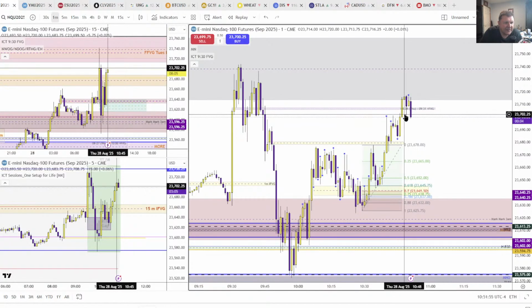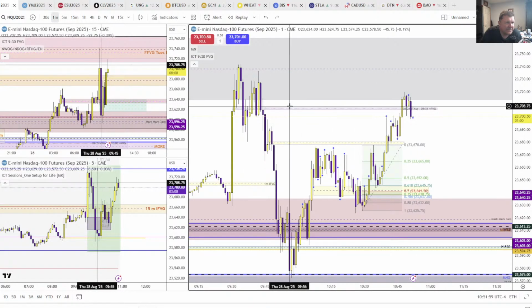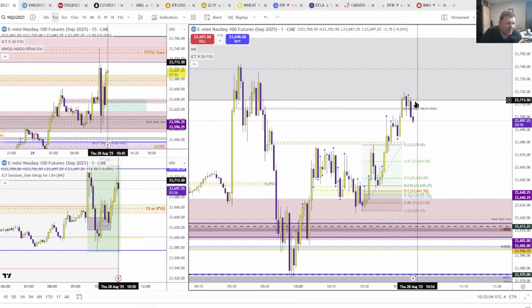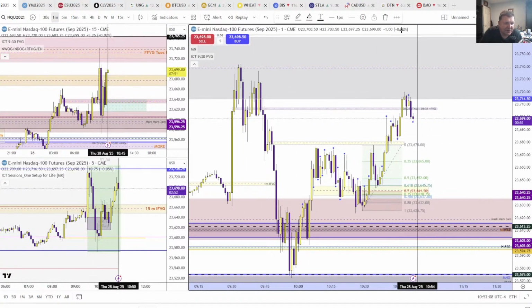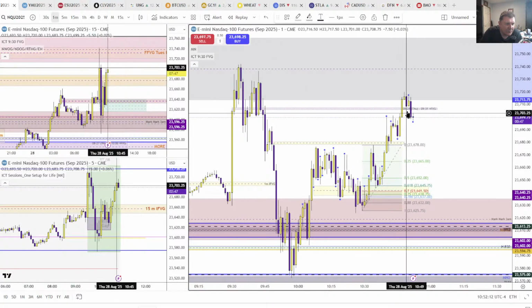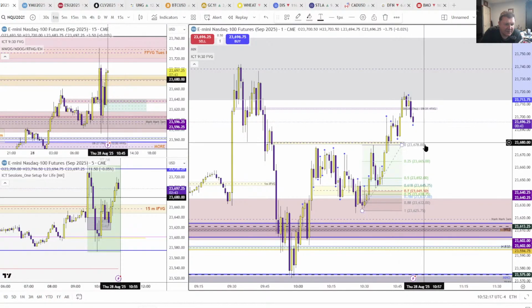Here's the macro time. Mean thresholds holding. You've got this SIBI on this side. You want to see it's got to break through that. If it just comes back to inside it and uses it as support to go lower, then reverse. There's the reverse, change in direction, going lower.